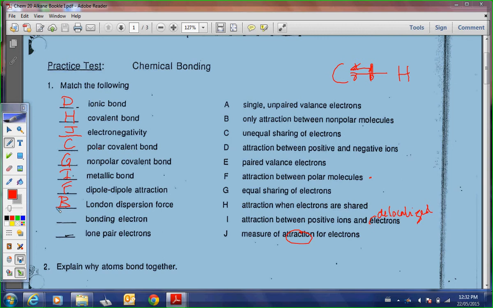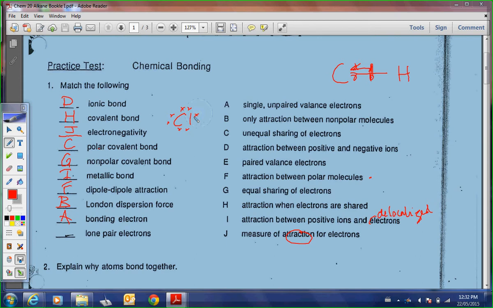Okay. Bonding electron. What's a bonding electron? A is a bonding electron, single unpaired valence electron. So, for example, chlorine, the atom, not the ion, looks like that.